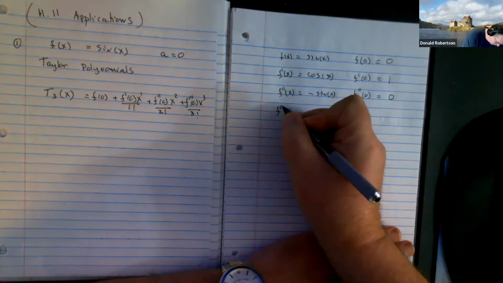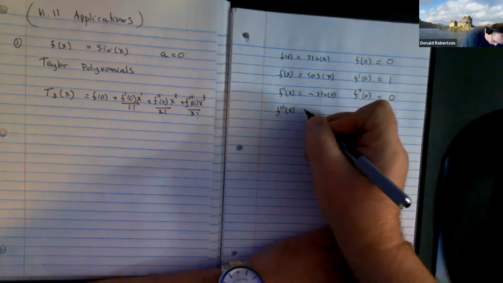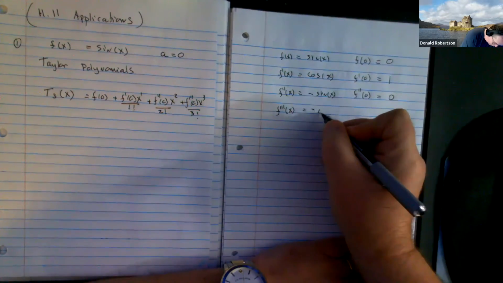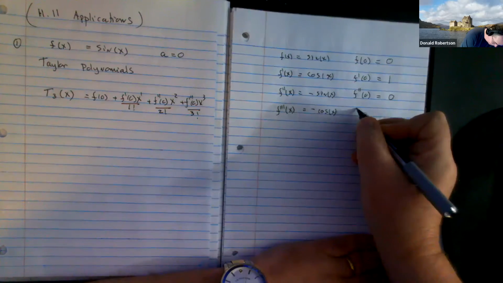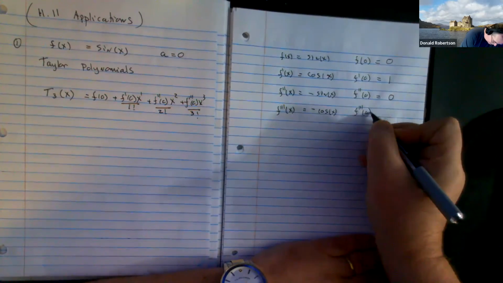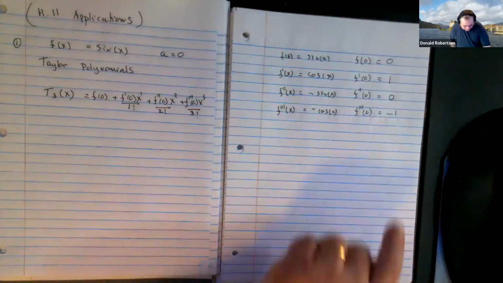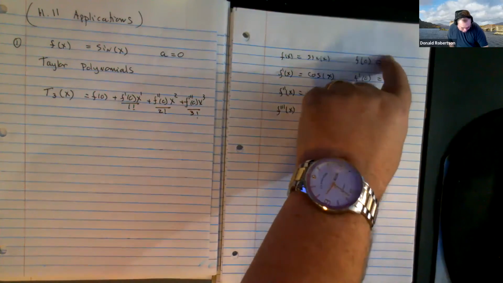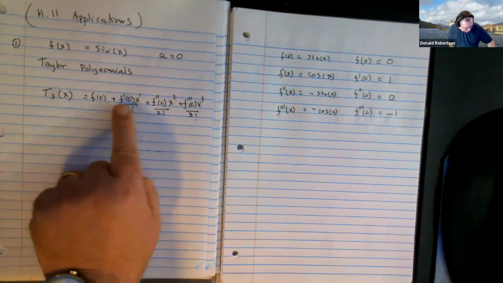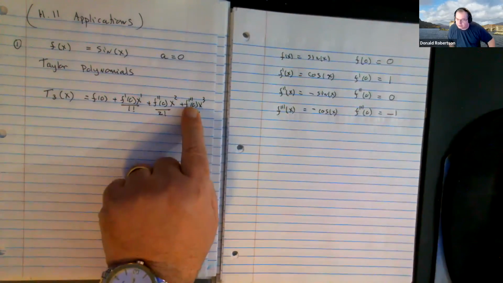And if I did the third derivative, I get negative cosine of x, and that gets me negative 1. So do you see that the coefficients I'm going to use, these numbers here, are the ones that go here, here, here, and here? So far, so good.